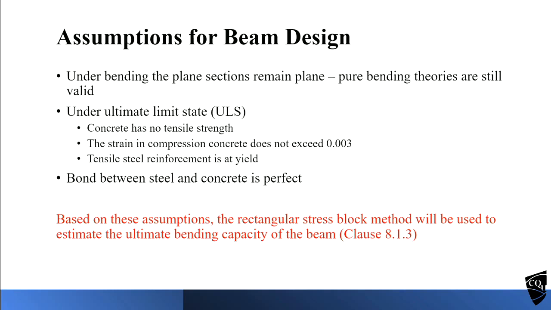So the maximum compression strain of the concrete is 0.003. So these are three assumptions.